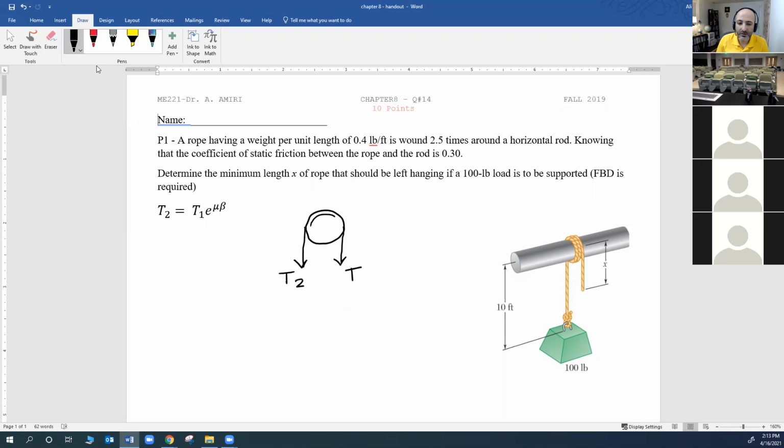So can you tell me which one is T2, which one is T1? Which one is bigger, which one is smaller based on this equation?